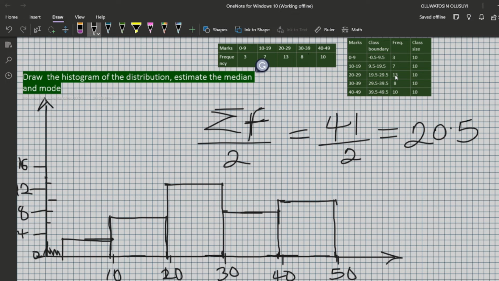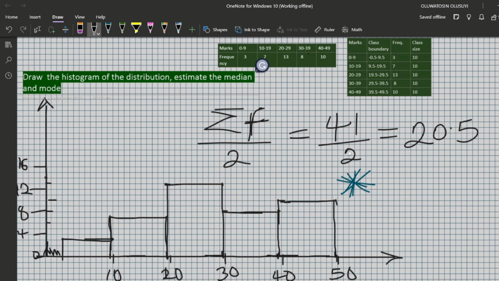Now this 20.5, we are going to use it to do something. We need two values. The first value will be this. Write this 12.5, then add your frequency before the median class.